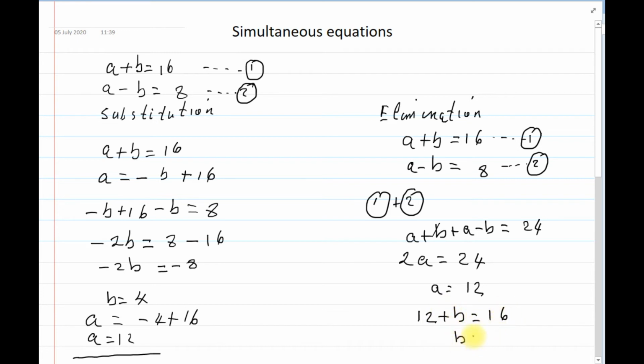Therefore, b will be 16 minus 12, which is equal to 4. So this basically is how we tackle simultaneous equations. I will do another example which might look slightly more complicated, but the same rules apply.